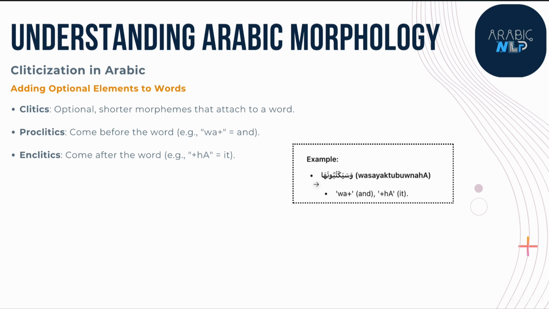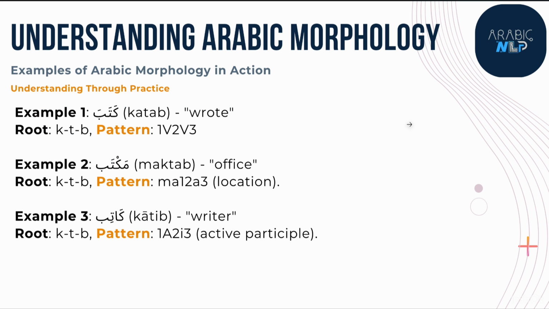We have seen that example before. We have wa, which means and, which we call a proclitic, and we have ha here, which is the object pronoun it, which we call an enclitic. Nice. So these are simple ideas about it.